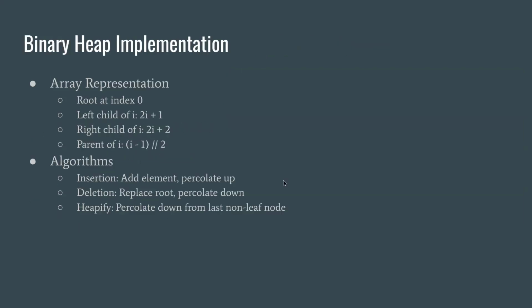Binary heap implementation. So binary heaps are typically implemented using arrays, and the root element is at index 0, and for any element at index i, its left child is at index 2i plus 1, and its right child is at index 2i plus 2, and its parent is at index (i minus 1) integer division 2.